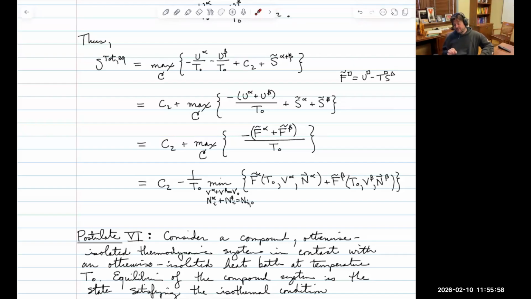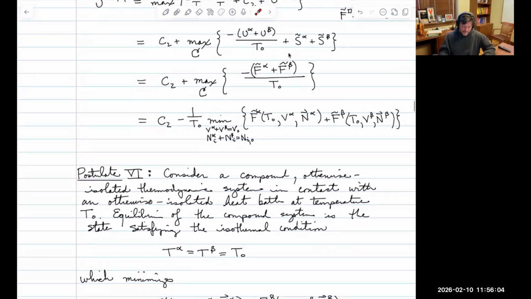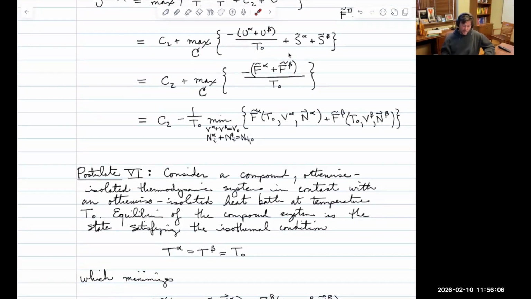And why is temperature fixed? Temperature is fixed through the heat bath. So this gives us another expression for equilibrium, which is quite useful to us.